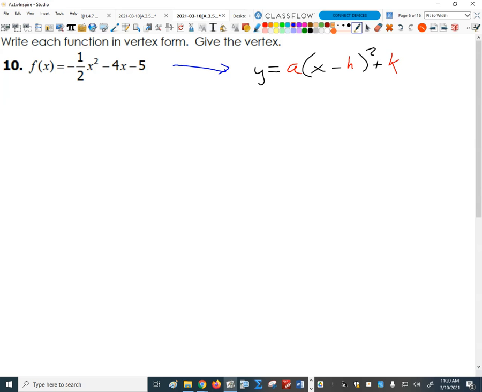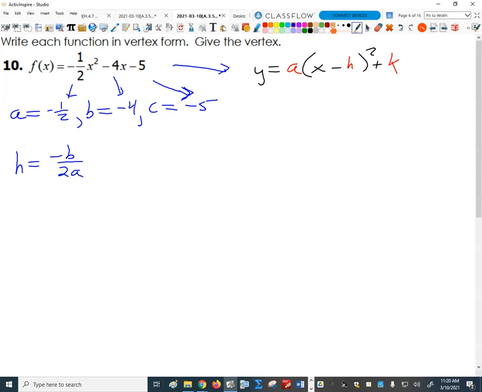There we go. Define A, B, and C. Perfect. Okay, so let's write those down. A equals -1/2, B equals -4, C equals -5.